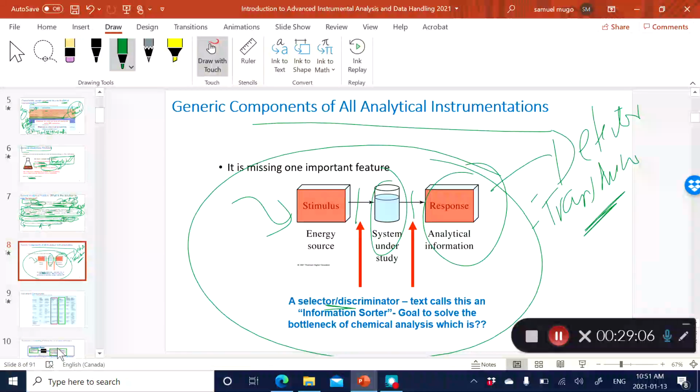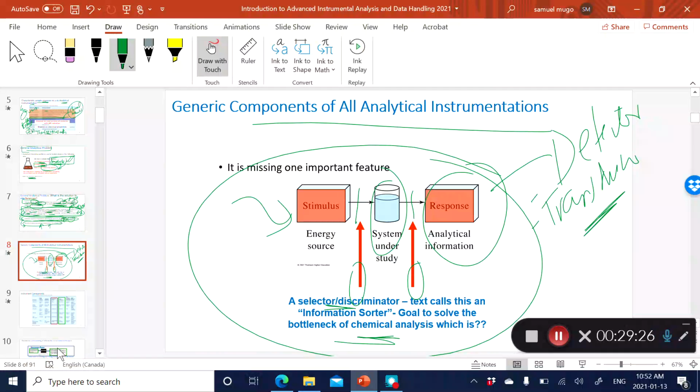The goal of the information sorter is to address the bottleneck in chemical analysis, which is matrix effects. And we're going to give it a name in the next slide.